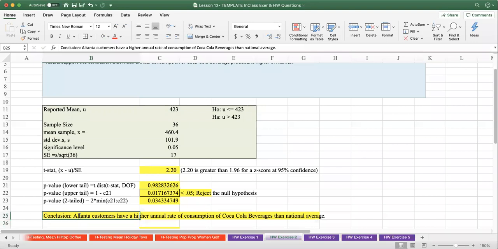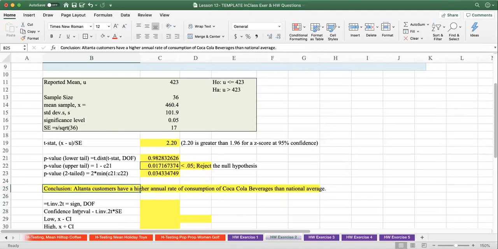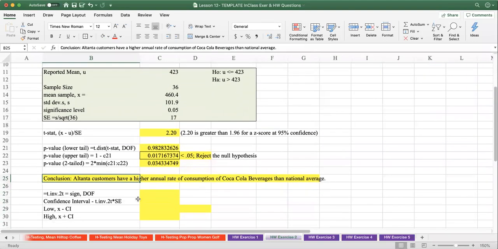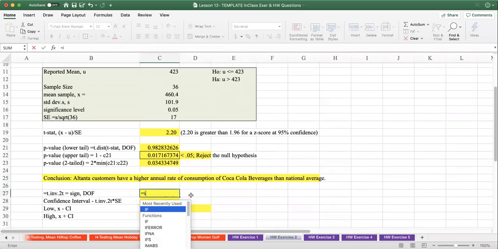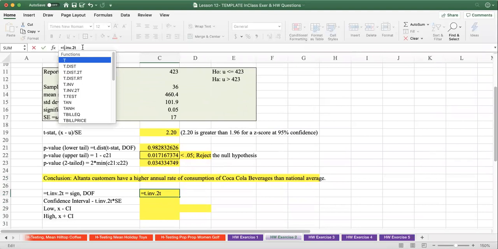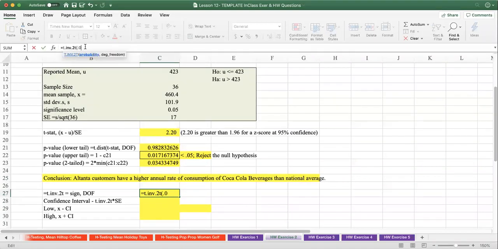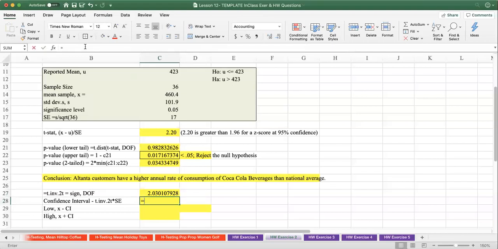Now down here I'm asking you to do the confidence interval as well, so we can see what range of values would be expected. So you use the T.INV.2T. Oops, I have to go back and edit that. There we go. Probability is 0.05 and degrees of freedom, again, are 35. The confidence interval is that times the standard error, which is right here.